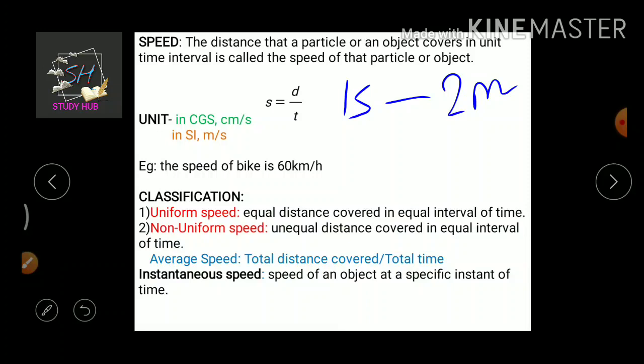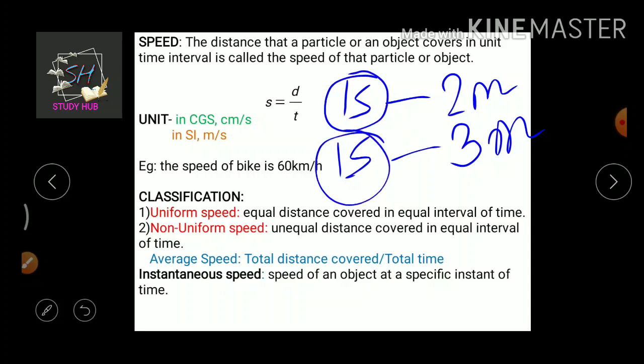In next 1 second, that means in second which is also of 1 second duration, another 1 second it cover 3 meter distance. Here in equal intervals of times the distance is different, so it is a case of non-uniform speed. From non-uniform speed, there comes a concept average speed.